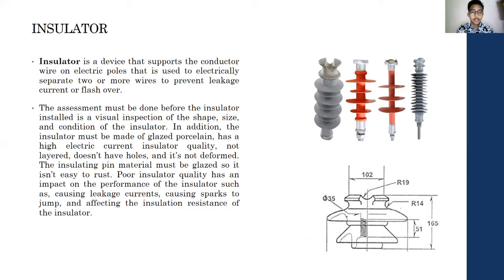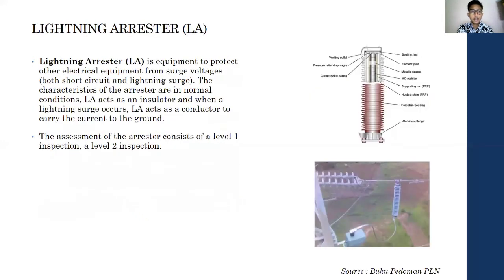The insulating pin material must be glazed so it isn't easy to rust. Poor insulator quality has an impact on the performance of the insulator, such as causing leakage current, causing sparks to jump, and affecting the insulation resistance of the insulator.